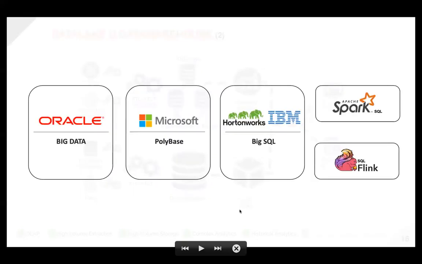So technologies that can be used in this context are Oracle Big Data, PolyBase solution of Microsoft, Big SQL of Hortonworks and IBM, and finally we can use also directly Apache Spark SQL or Apache Flink SQL.